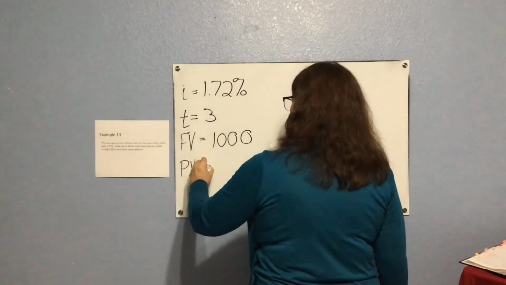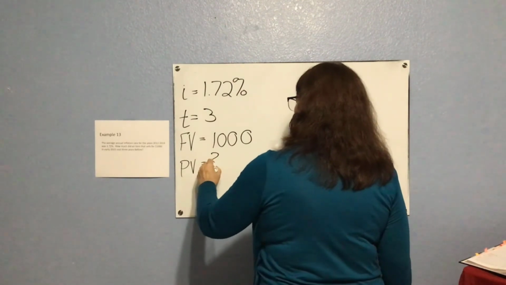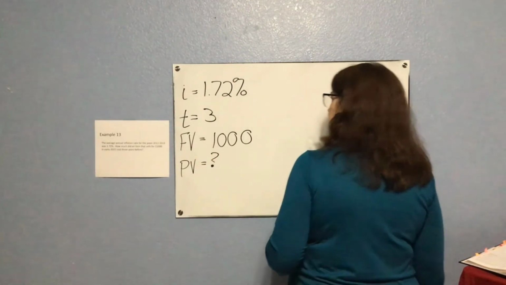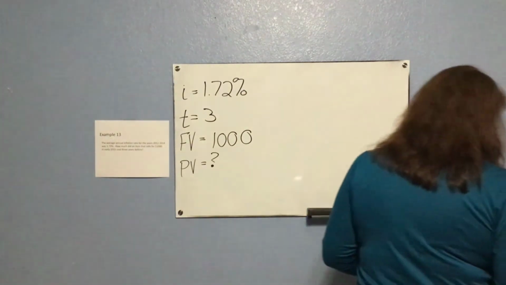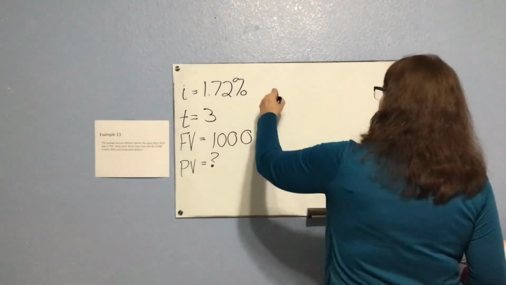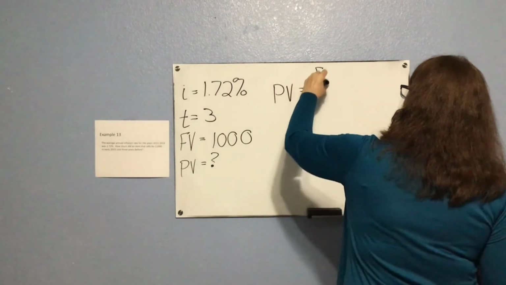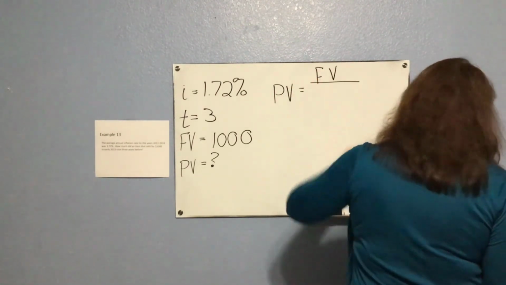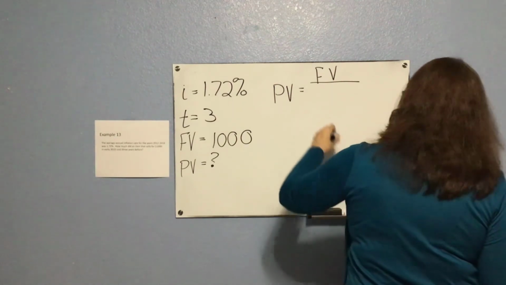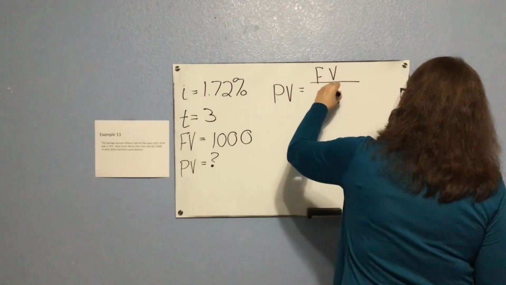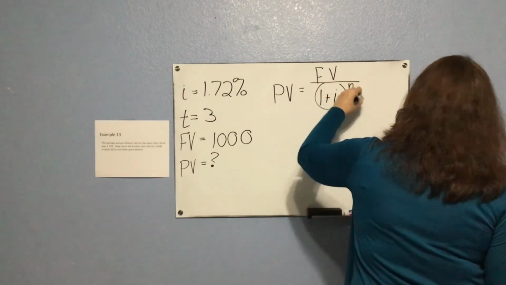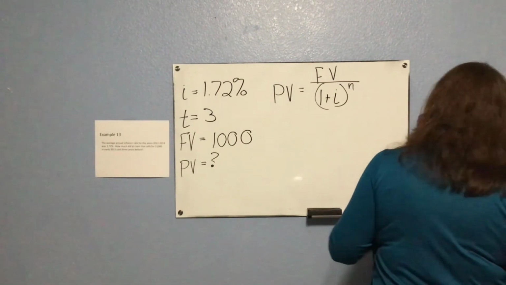So that'll be our present value that we're trying to find. Okay, so since we're trying to find present value, we'll write that over here. And we have future value divided by 1 plus i to the n power.